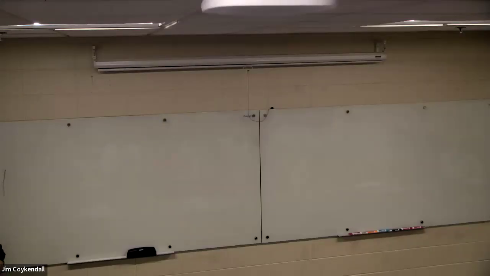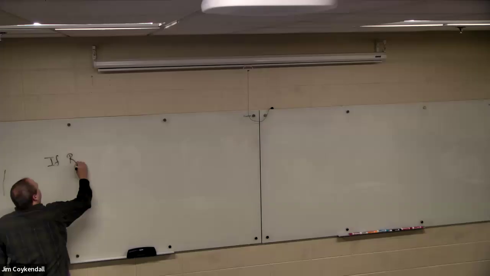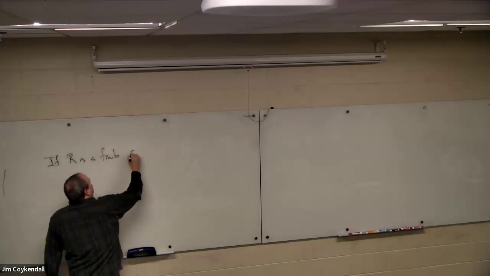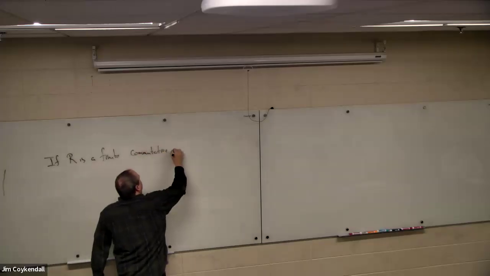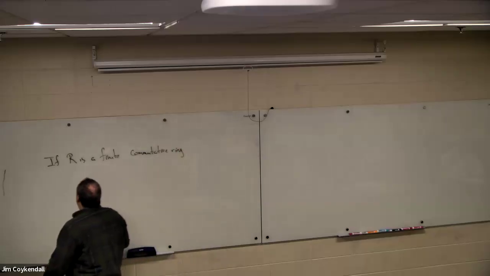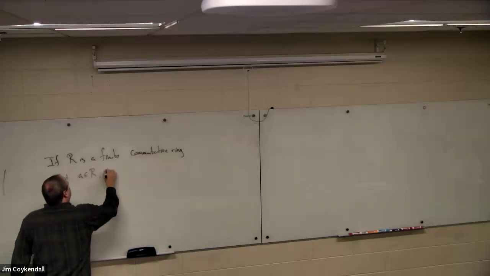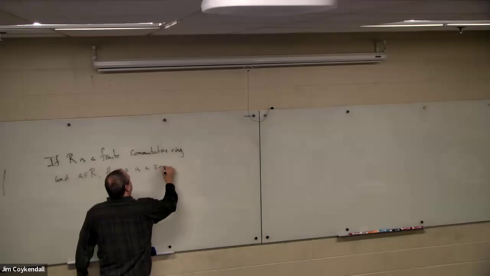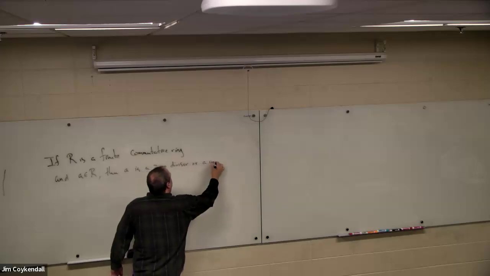Let me give you an abbreviated version of what I left us with last time. If R is a finite commutative ring, and a is an element of R, then a is a zero divisor or a unit.